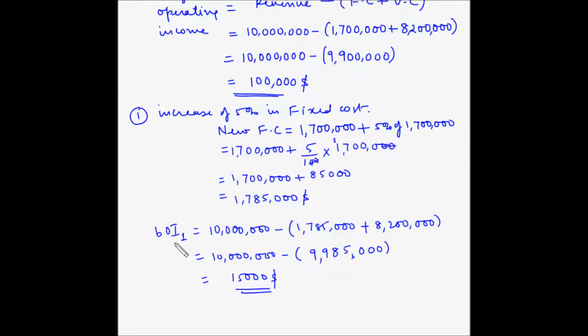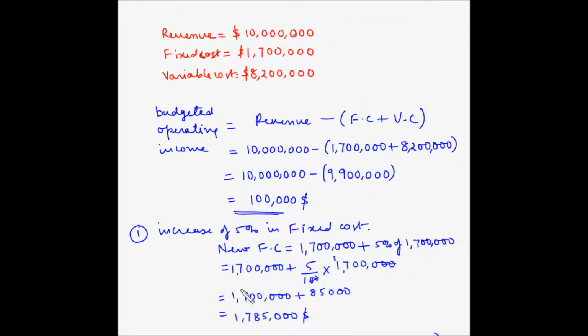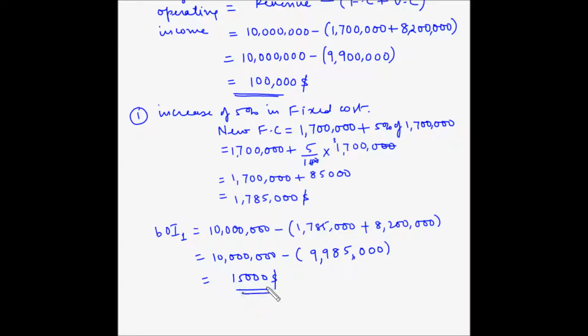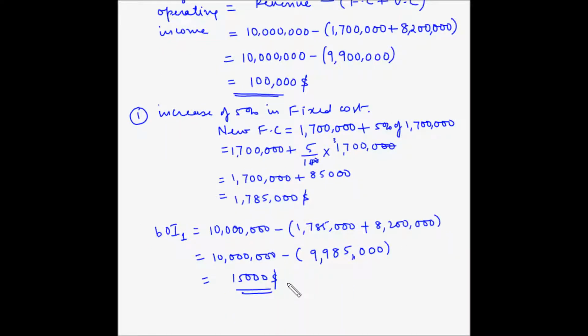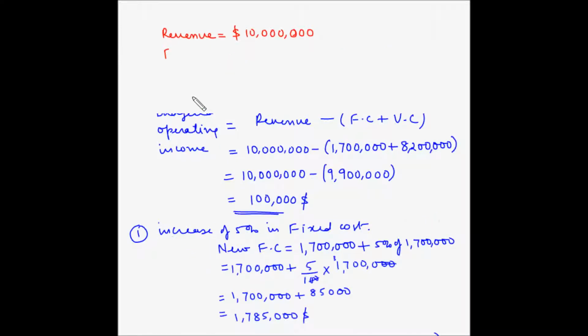So basically the budgeted operating income has reduced from $100,000 to $15,000. So definitely that was expected, because if you increase the cost without increasing your revenue, basically your operating income is going to reduce. Now let's look at the second case where we are decreasing the fixed cost by 5%, which means that our budgeted operating income should increase.